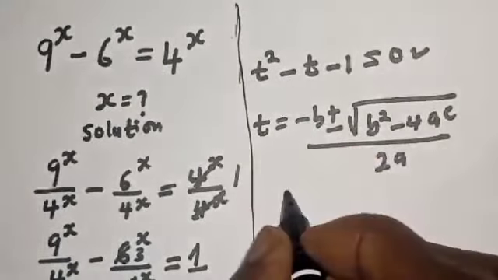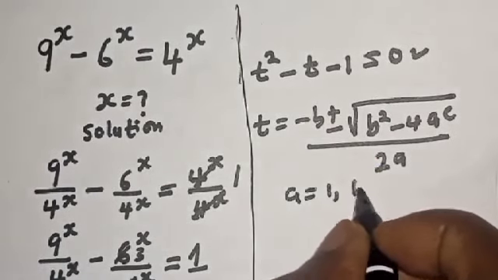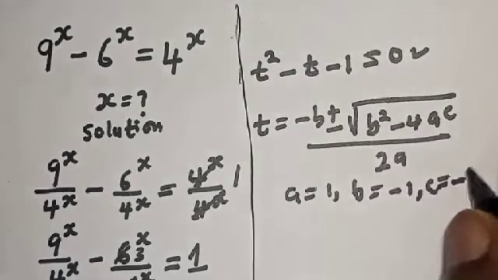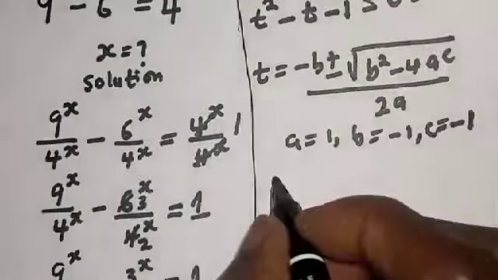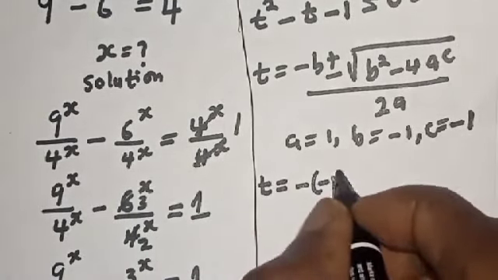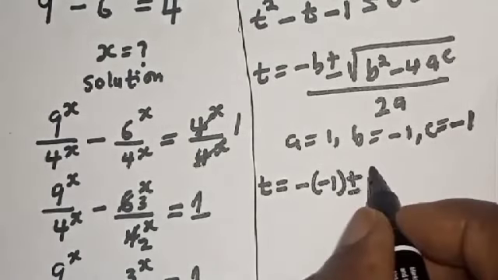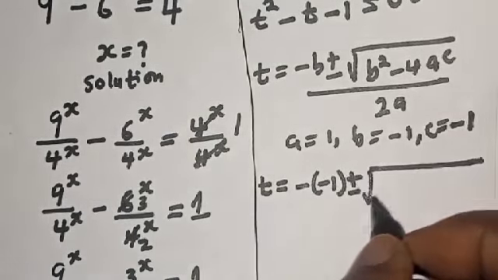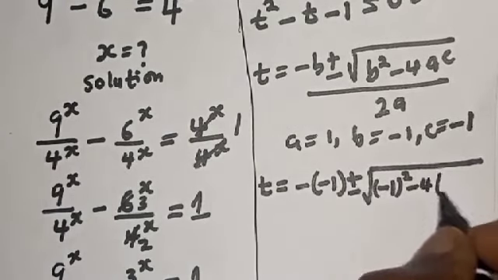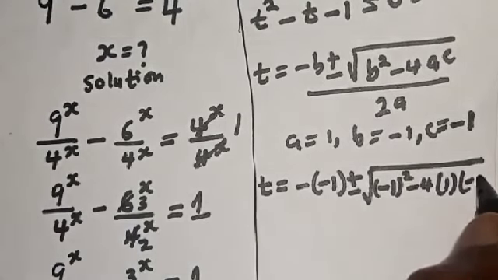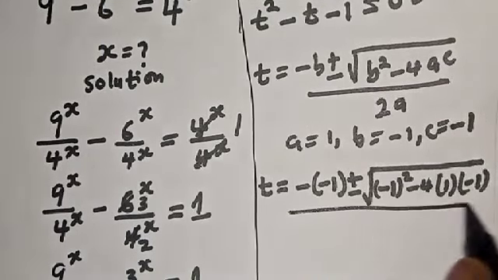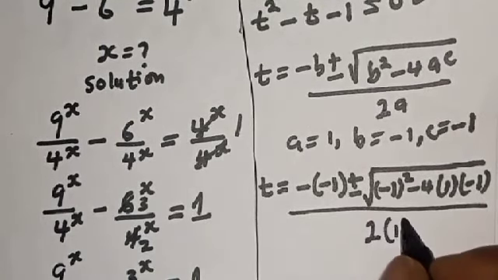Then from the equation, a is equal to 1, b is equal to minus 1, c is equal to minus 1. t is equal to minus bracket minus 1 plus or minus square root of minus 1 squared minus 4 multiplied by 1 multiplied by minus 1 over 2 multiplied by 1.